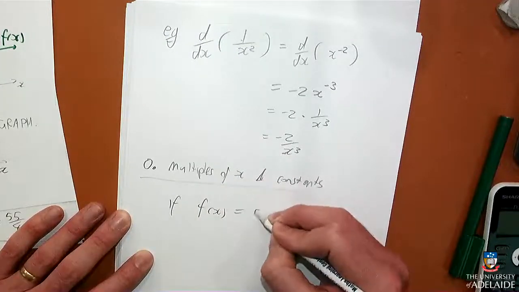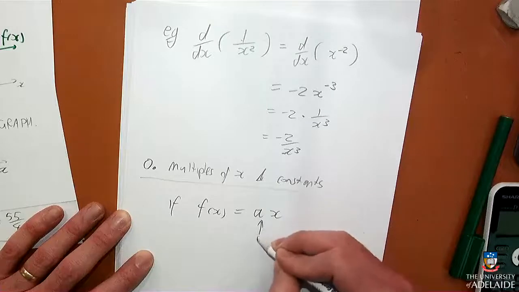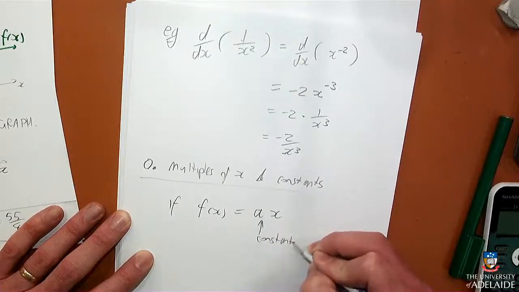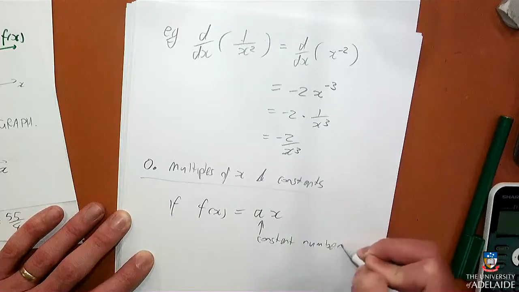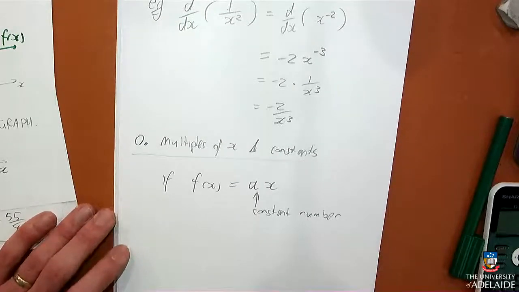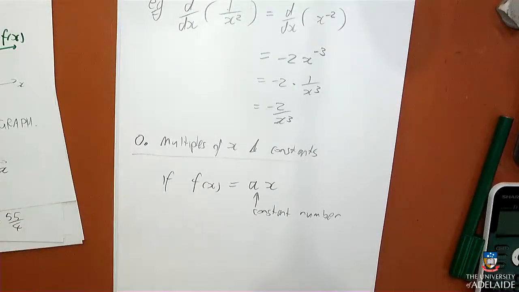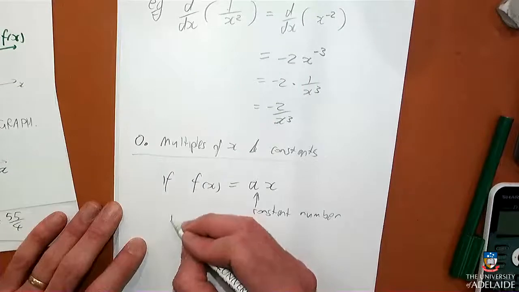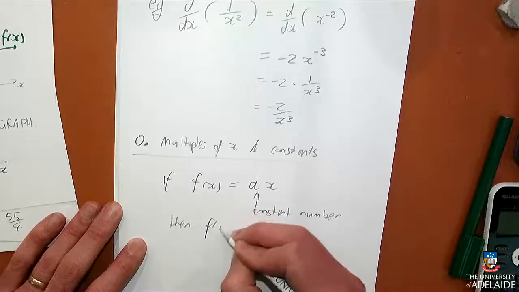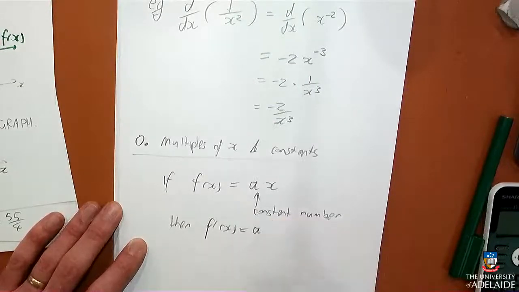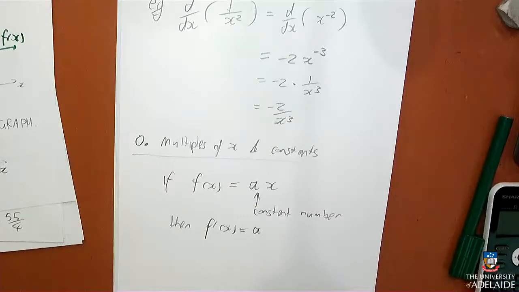If f of x is number times x, so this is a constant number, it's not allowed to be a formula involving x, it just has to be a proper number, then the derivative is just that number. It's always that number, no matter what x is.